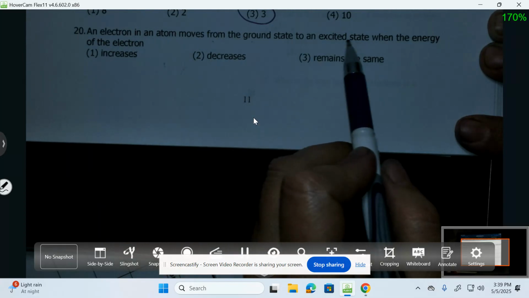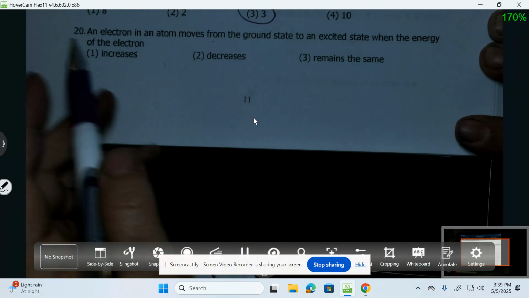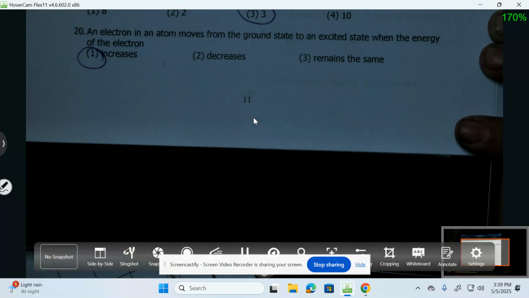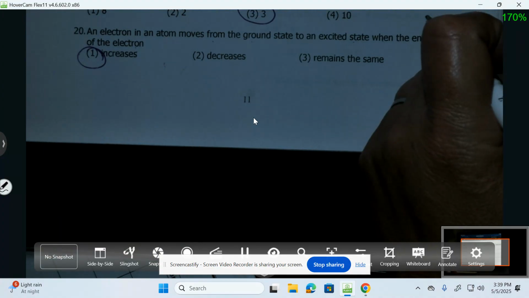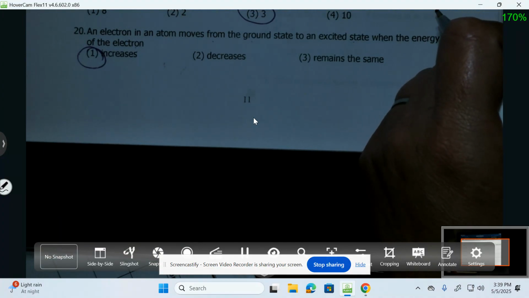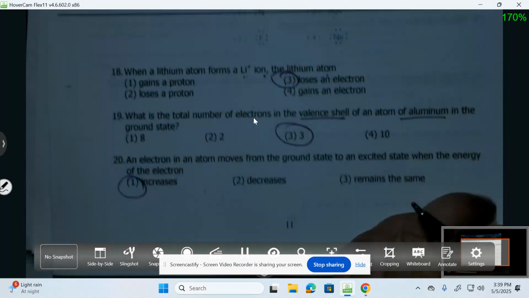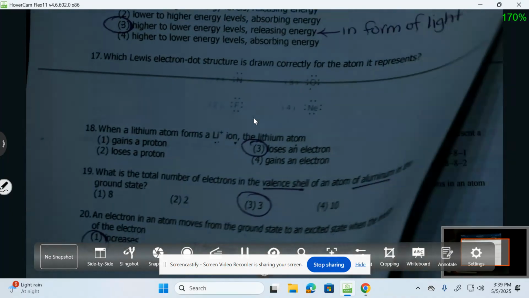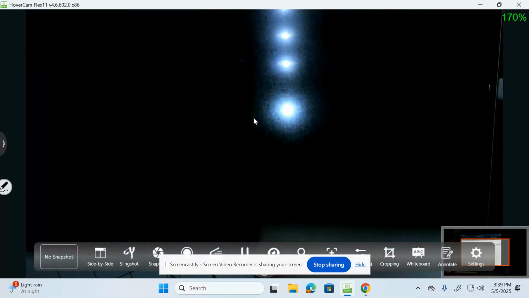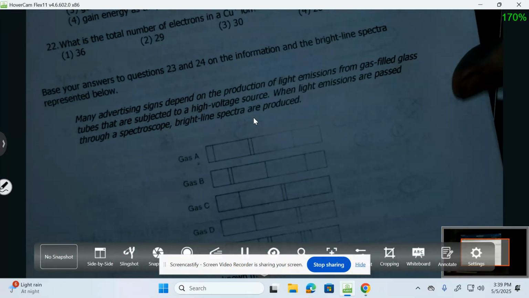So from the ground to the excited, when the energy of the electron increases. In order to get the firework to go up, you need to put energy in. That's why you put a little match to it and get it to go up into the sky. When do you see the colors? When it's coming back down and the energy is falling back out of the firework.